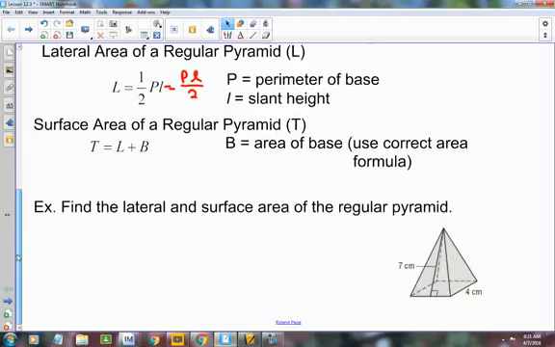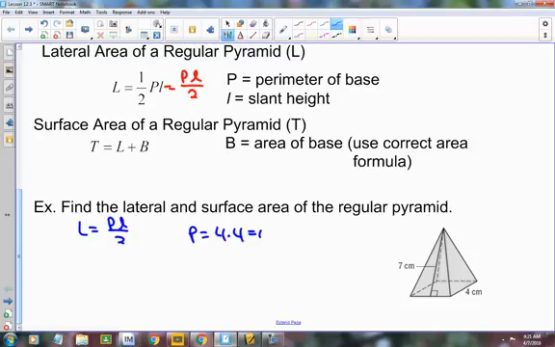All right, so let's work this one. This one's pretty easy. We want the lateral, which is the perimeter times the slant height divided by 2. Now, it's a regular base because it's a regular pyramid, so the base is a square, so what would my perimeter be? 16. 4 times 4 is 16. So I take 16, times the slant height, which is 7, divided by 2.